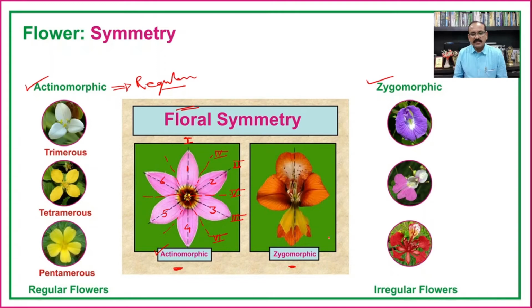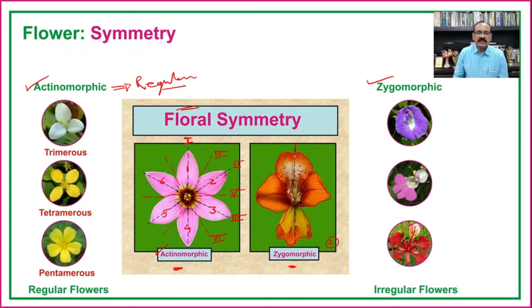But if we see this second image, you will find that here one petal is different. Then there are two lateral petals which are equal, and again there is a petal on the other side. One is on the anterior side and another one is on the posterior side.